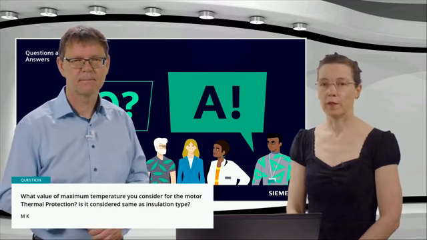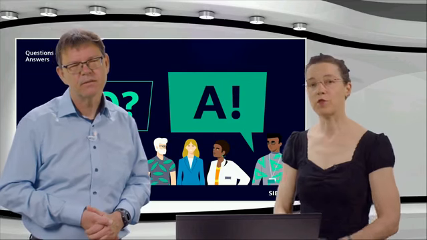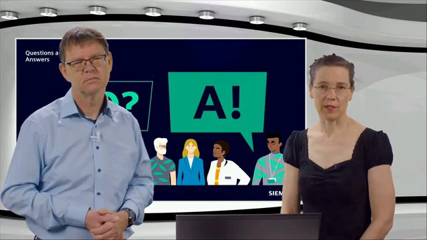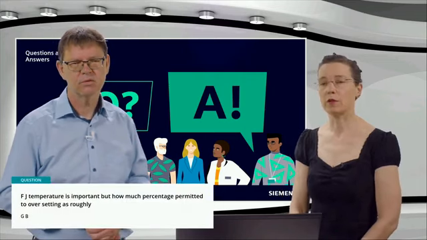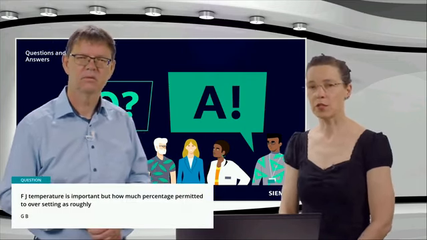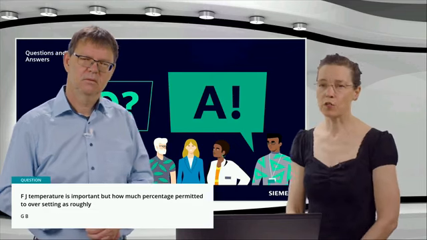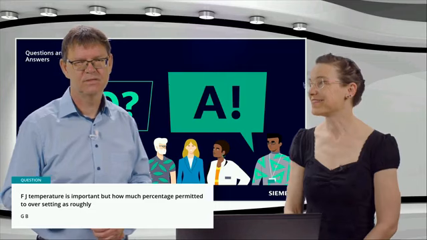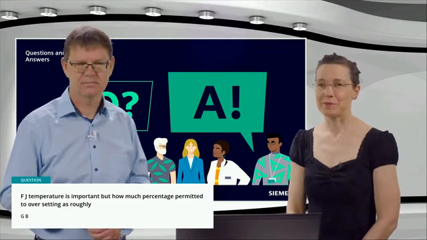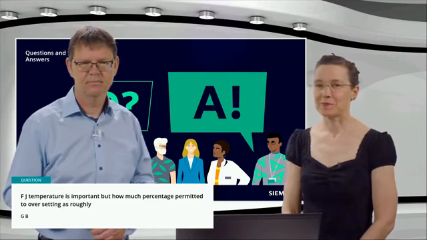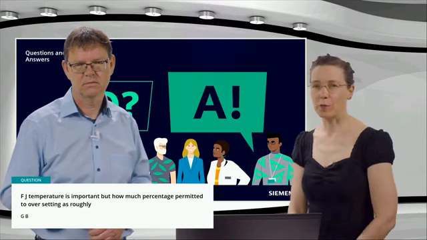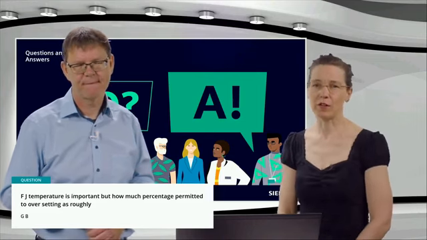Okay, thanks. And the last question for this round. FJ states that the temperature is important and asks how much percentage is permitted as oversettings. Well, just roughly. Oversettings. Well, maybe something with current, or a voltage, probably not, but maybe over current.